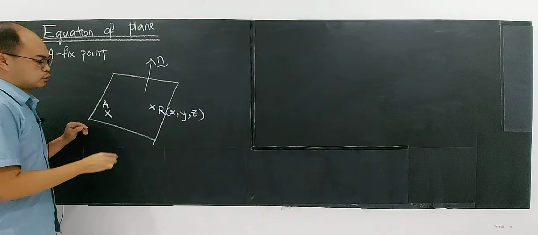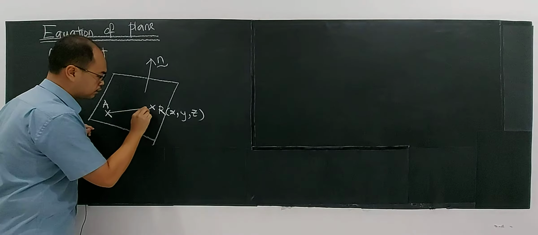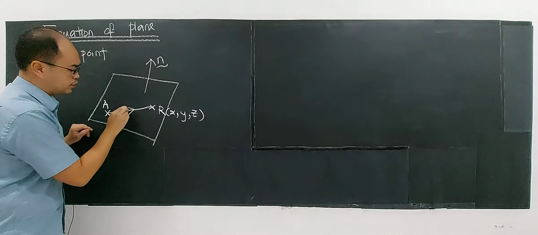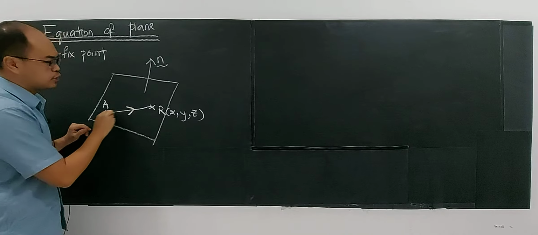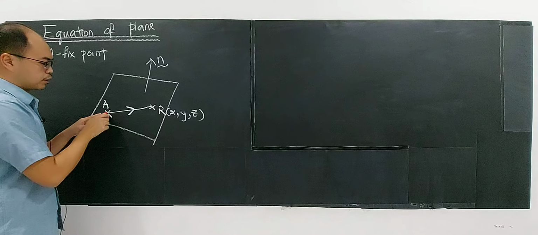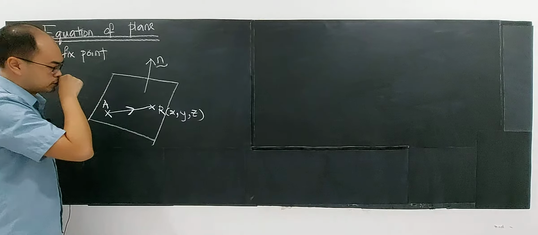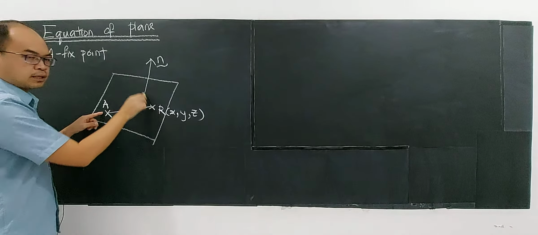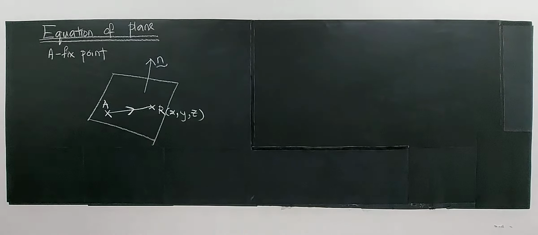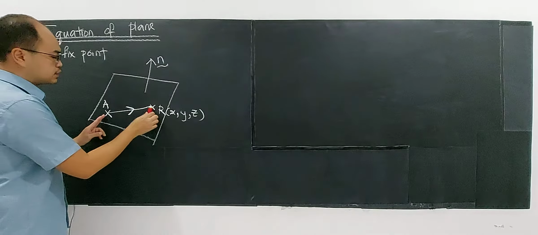Anywhere on the plane. So if I find the direction from the fixed point to the variable point, it's anywhere around the plane, because this is on the plane.